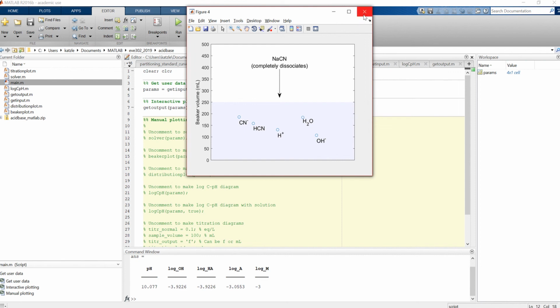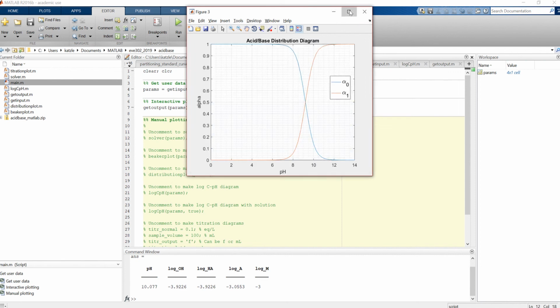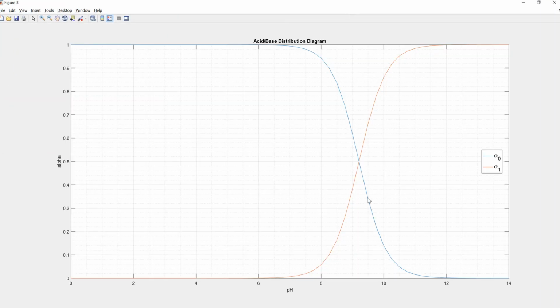Okay. Moving on to the distribution diagram, what we note is that in the distribution diagram, again, at alpha equals 0.5, we are at the pKa. Notice that the curve has shifted from the previous acid that had a pKa of 7.5. This one corresponds to our 9.21 pKa.